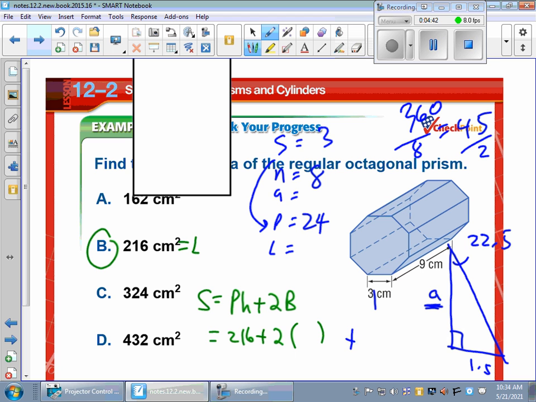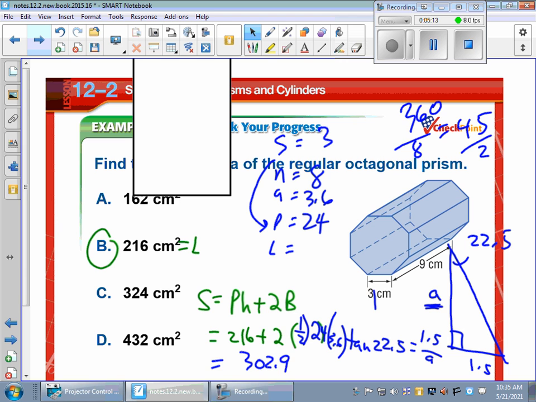I'm going to use the tangent of 22.5 equals the opposite 1.5 over A. When you get your apothem, it is 3.6. So our area is 1/2 of P, which is our 24, times A, which is 3.6. When you multiply that, you get a grand total of 302.9. Great job.